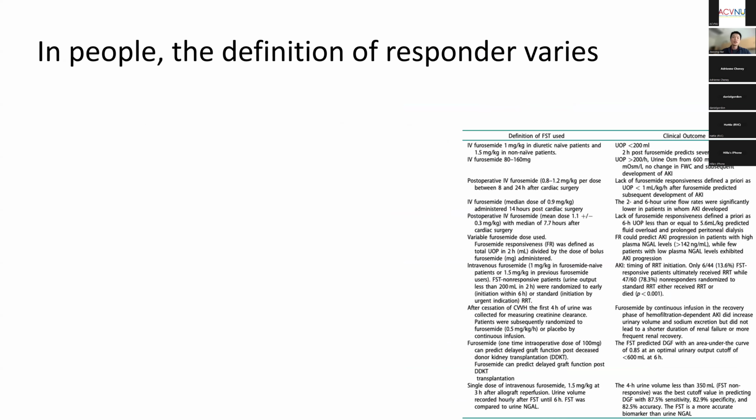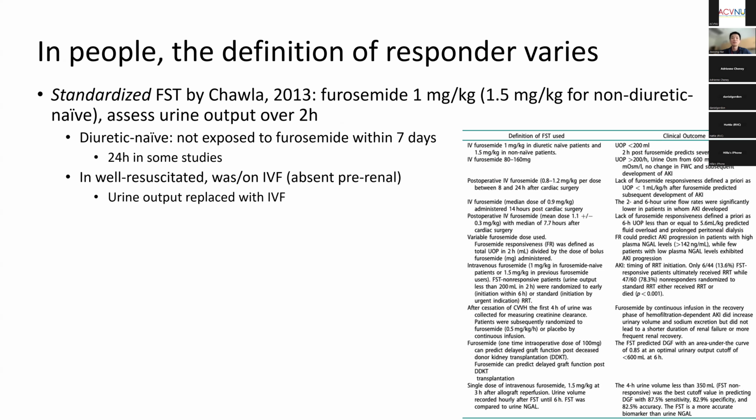So how do they define the responders in the human trials? This review article really had a nice summary of all these different criteria that are together, but it's been done for a long time. But the investigator of this review article actually published an article in 2013 that described the furosemide stress test in more of a standardized fashion, where they give a single IV bolus of 1 milligram per kilogram.